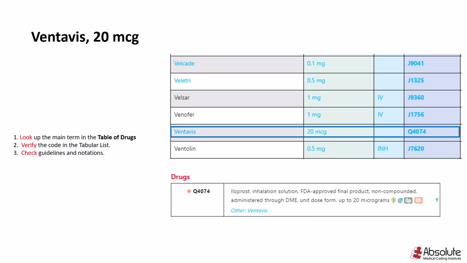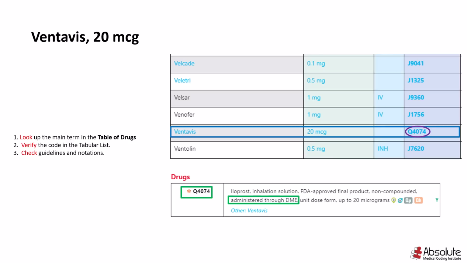Q4074. Let's verify in the tabular list. Q4074 is coding for iloprost inhalation solution, FDA approved final product, non-compounded, administered through DME, unit dose form up to 20 microgram.